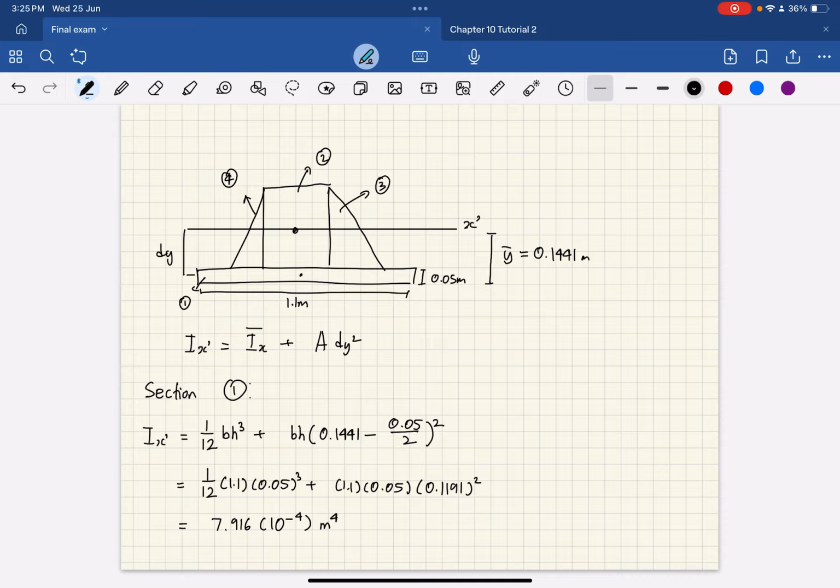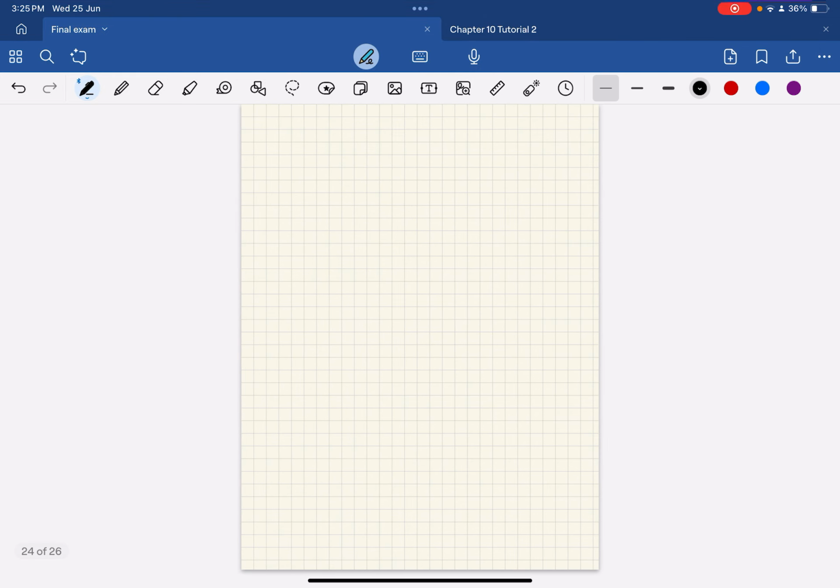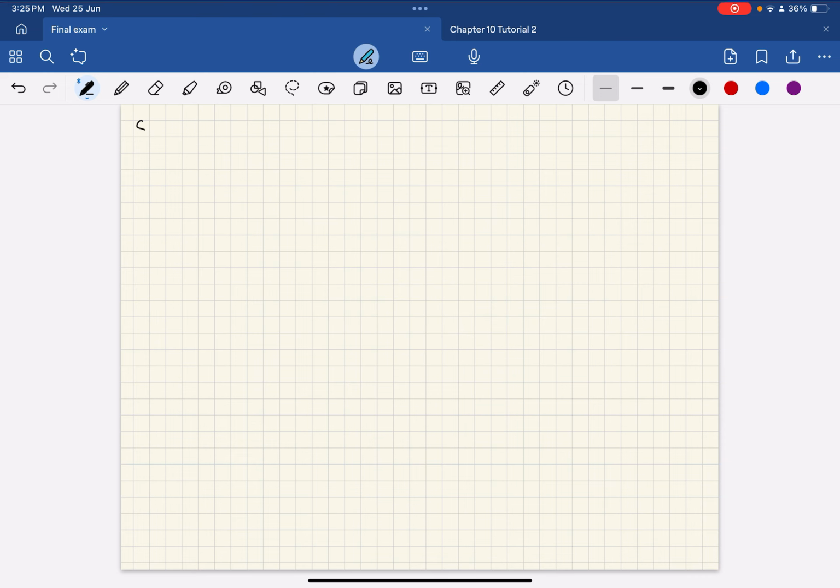How about section 2? I think we can do the next page also. It'll be much clearer. So section 2. Ix prime is equal to Ix bar plus A dy squared.